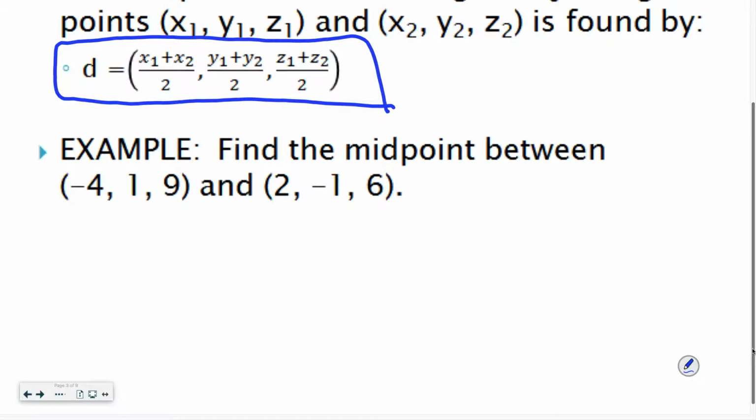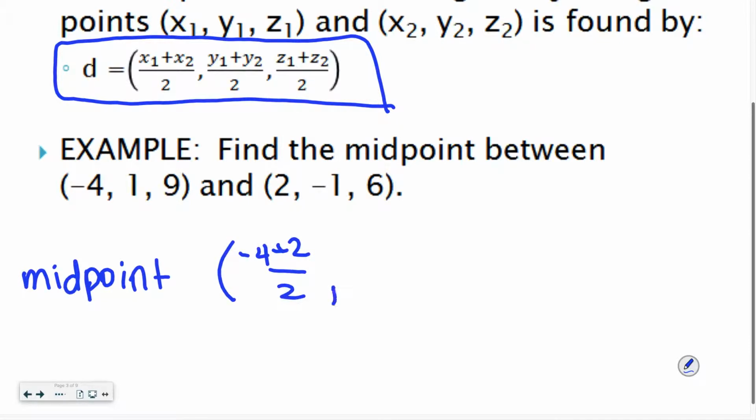I'll do the work up here, but I'll give you a head start. Make sure we are adding the x's, dividing by 2, adding the y's, dividing by 2, adding the z's, dividing by 2.